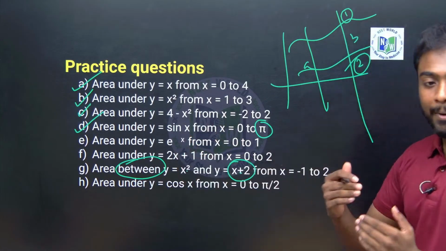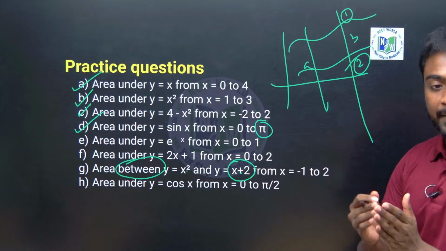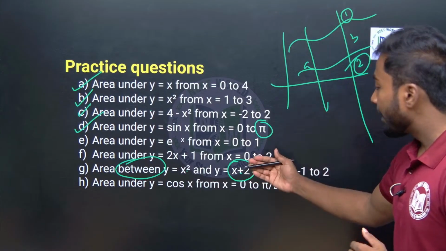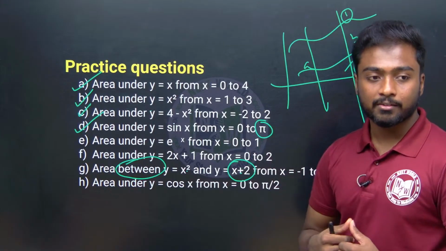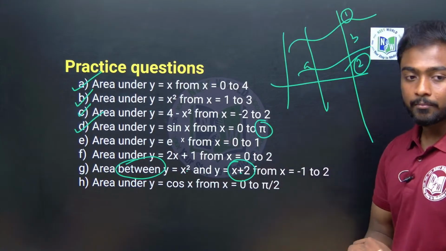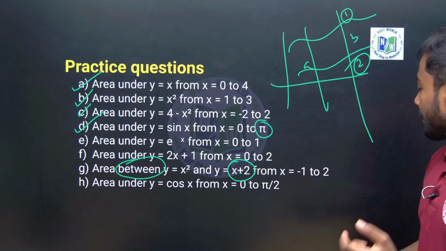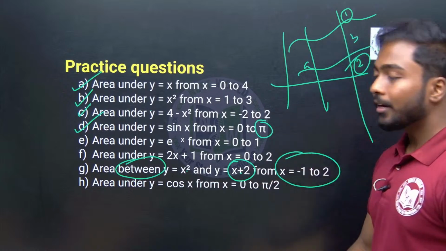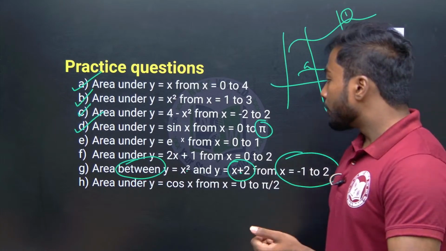So x plus 2 minus x square. Then apply the limits, that's it. You will get a single equation. Then apply the limits, that is minus 1 to 2.